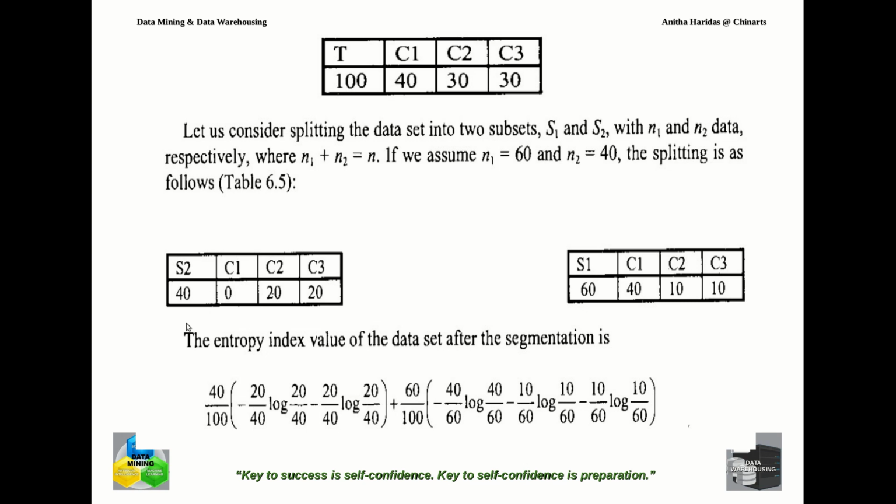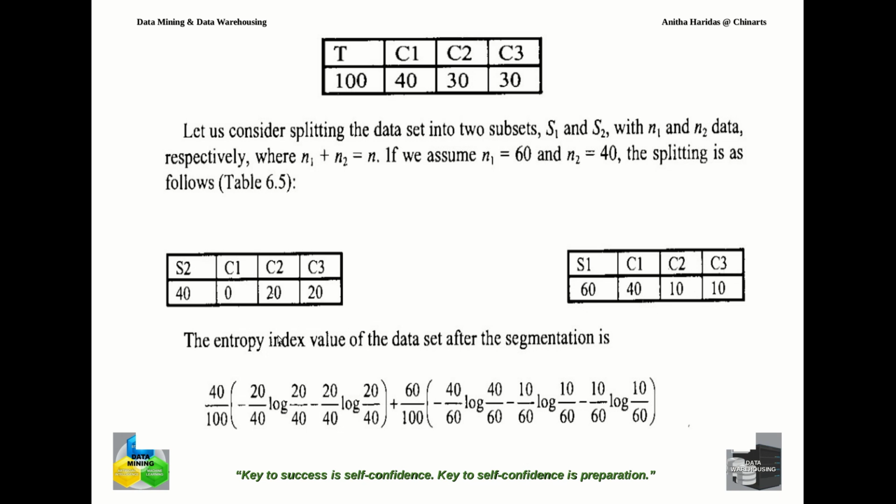Out of these 40 records, there is no record coming under class 1, but 20 records are class 2, 20 records are class 3. Whereas here in the first partition, out of 60 records, 40 records are in C1, 10 records are in C2, and 10 records are in C3.